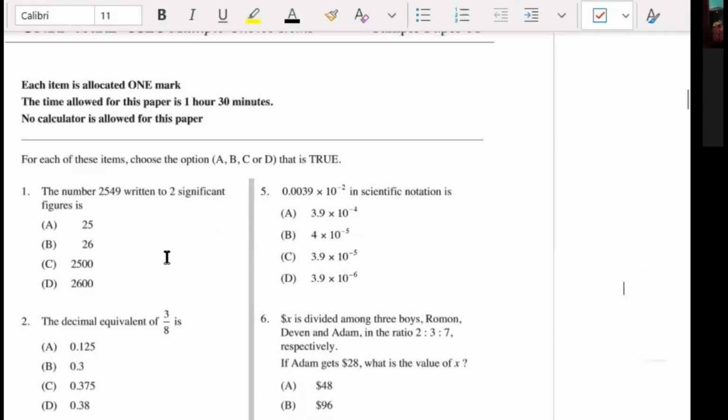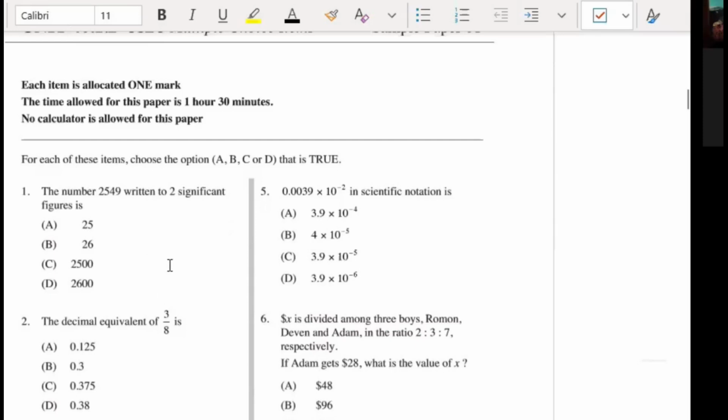The number 2,549 written to two significant figures. What this means is that the number must be represented such that they only have two digits which are non-zero digits and everything else would be zero.